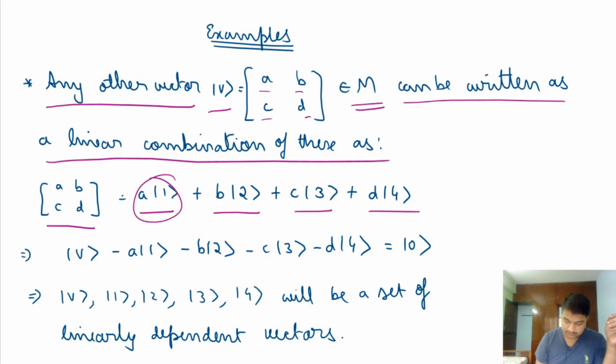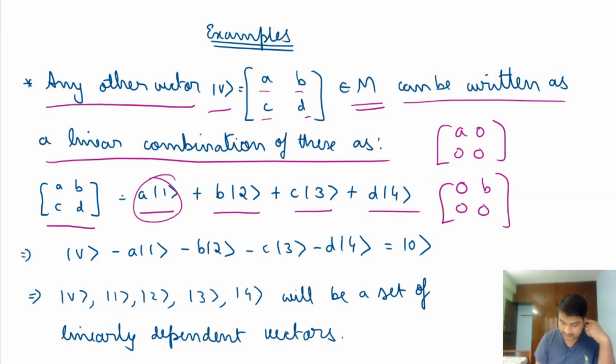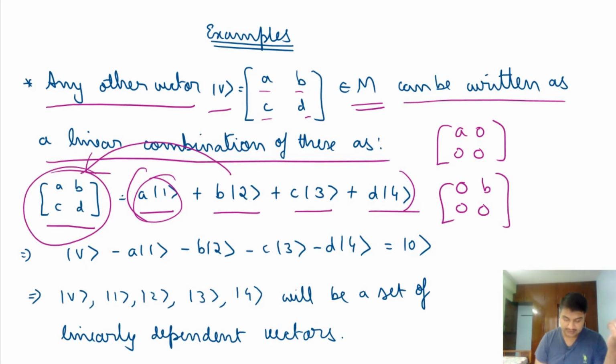So a times vector 1 would be nothing but a 0 0 0, b times vector 2 would be 0 b 0 0, and so on. And if we add the 4 vectors, this is the vector that we are going to get. So this means that if I bring all of these 4 vectors to the left hand side of the equation, we are going to get this equation.